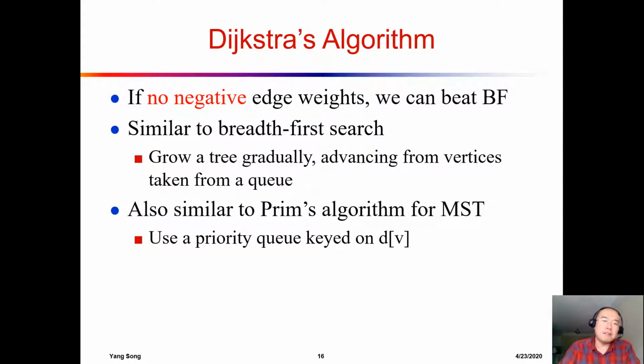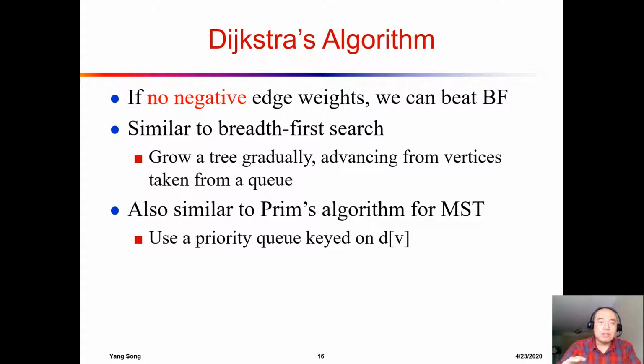Well, the idea of the Dijkstra algorithm is, as I said, I want to reduce the number of times visiting the same edge again and again. The mindset is a little bit similar to the breadth first search, BFS. We are trying to explore our boundary gradually.